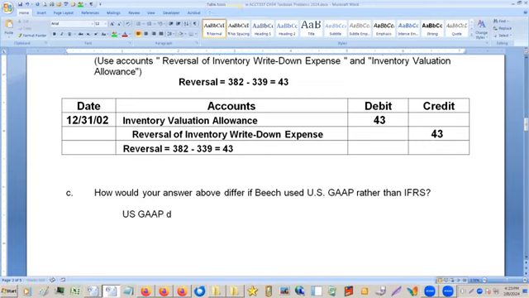US GAAP does not allow for a reversal of the write-down.